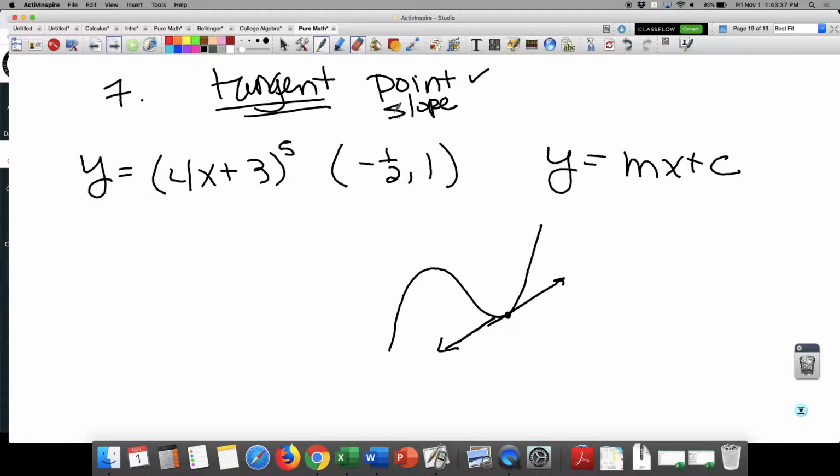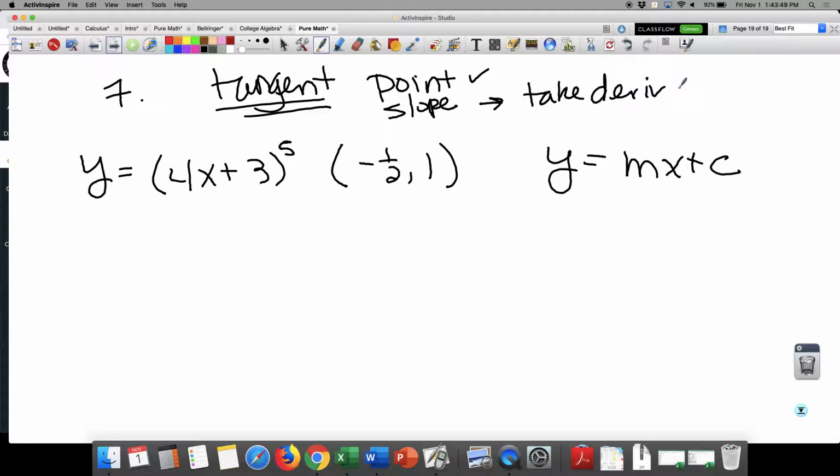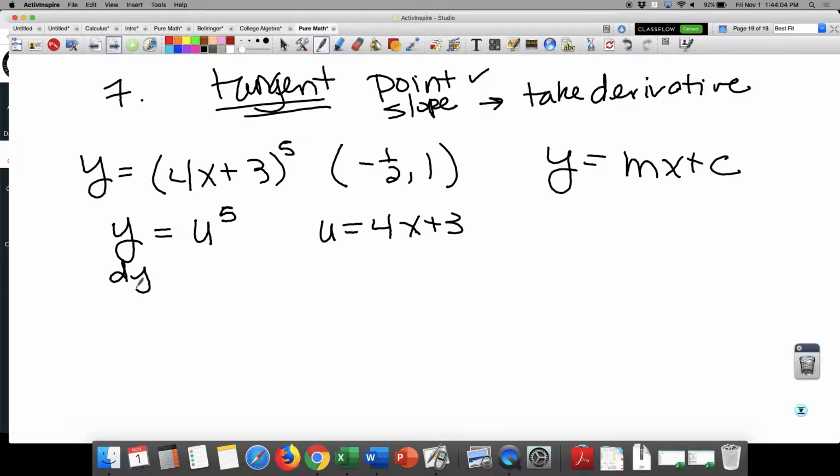The derivative is always the slope of the tangent. So that means I need to do what to find the slope? Differentiate. Take the derivative. So that's going to be y equals u to the 5th, u equals 4x plus 3. So dy/du equals 5u to the 4th, du/dx equals 4.